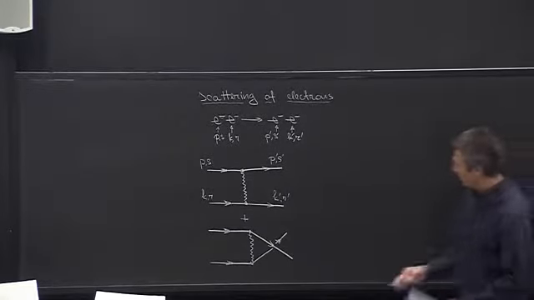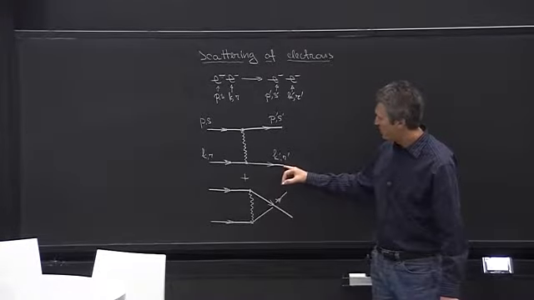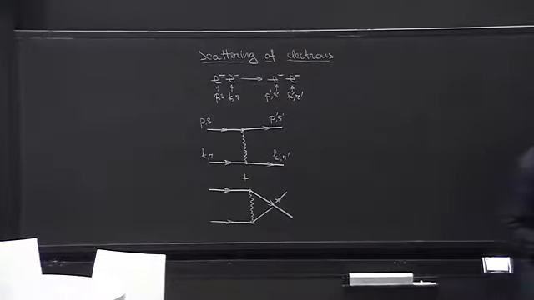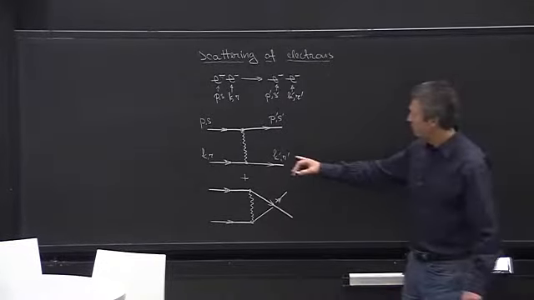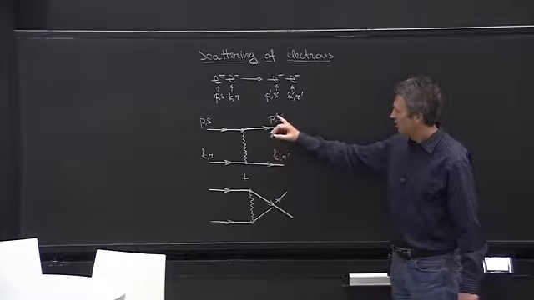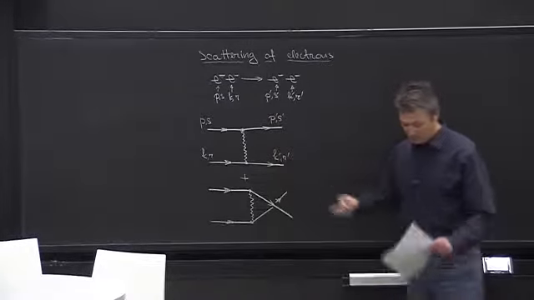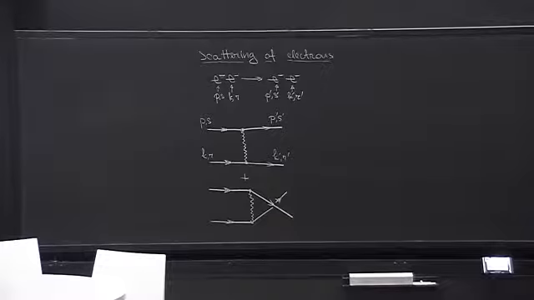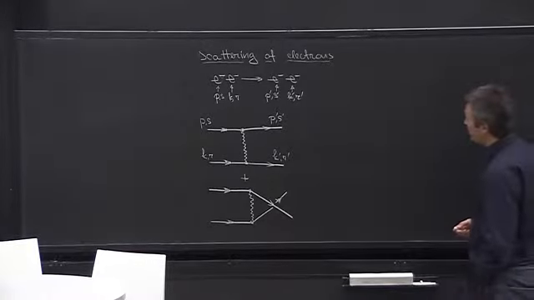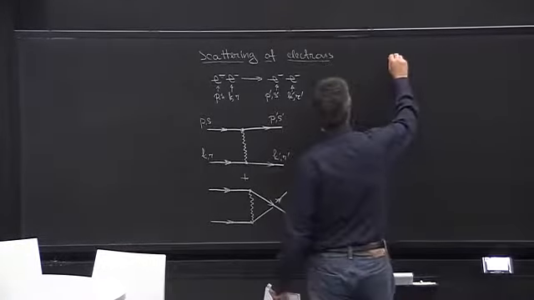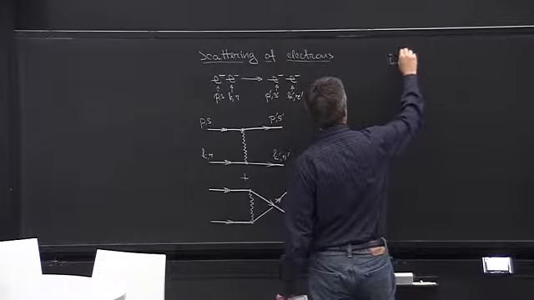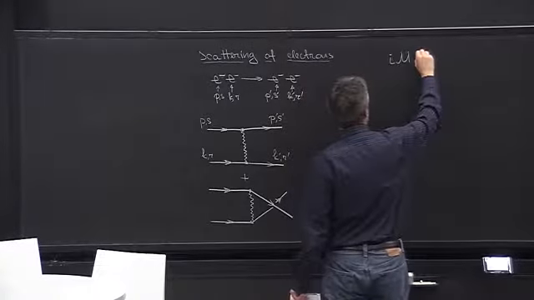And the second diagram is basically obtained from the first by interchanging the electrons in the final state. So it will be the same up to interchange of P prime S prime with K prime R prime. So we can immediately write down the amplitude, starting with the first diagram.